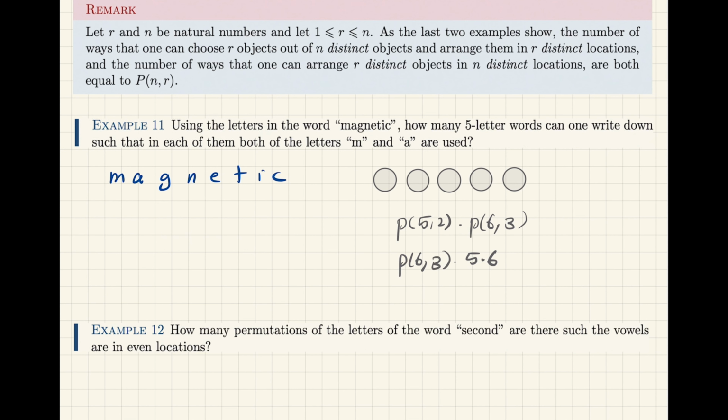When I read the problem, I realize that I have to use M and A. And now I would choose 2 positions for M and A. This is how I started. Then I have 5 positions.